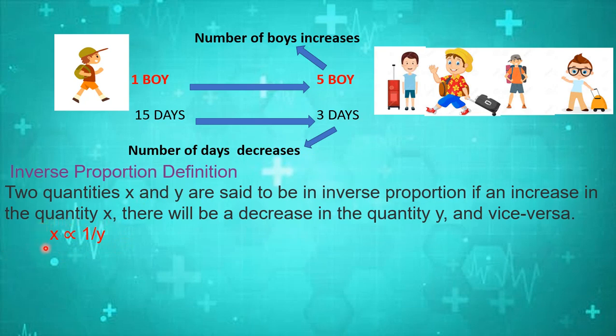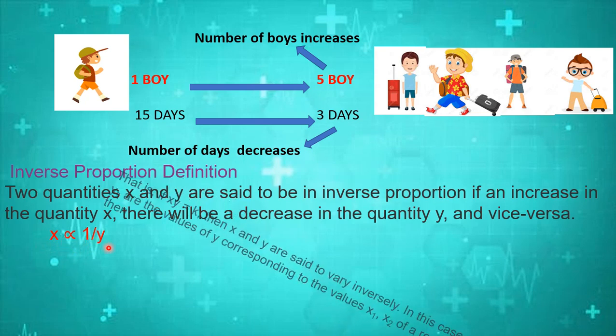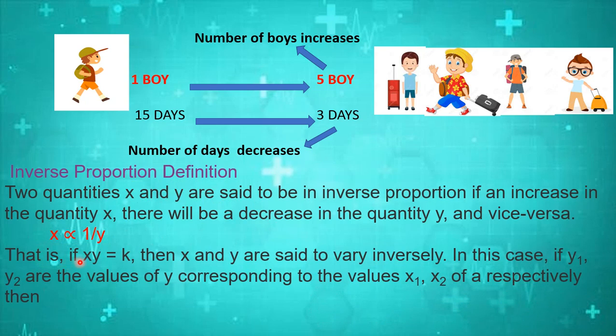So we can say x is directly proportional to 1 upon y, or x is inversely proportional to y. Or we can write it as xy equals k. When we transpose this y to this side, xy equals k.